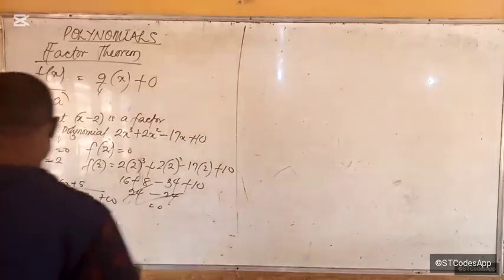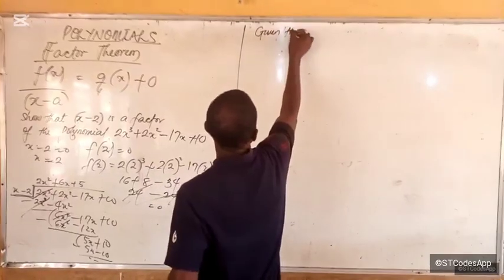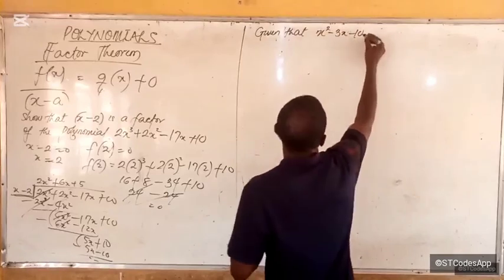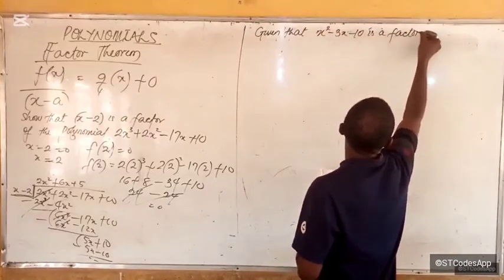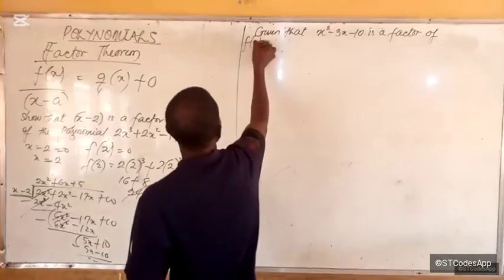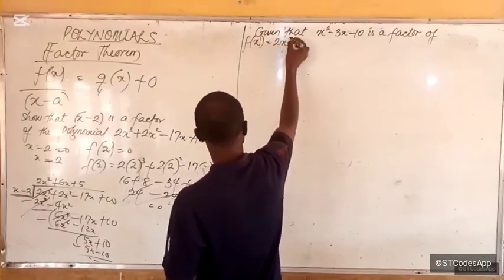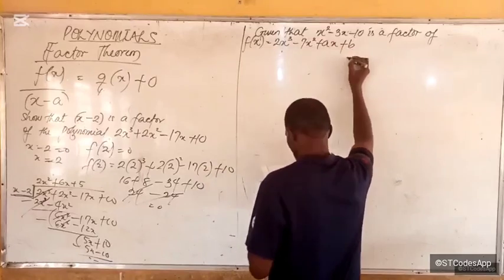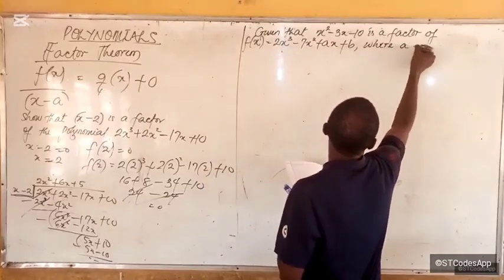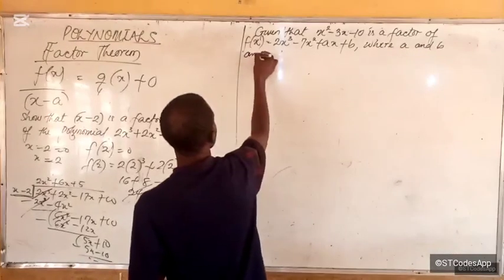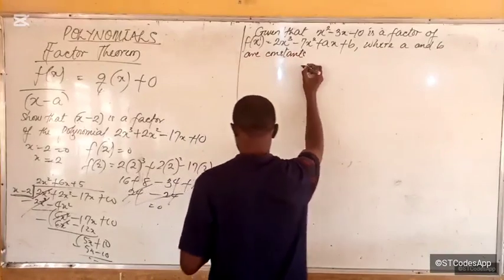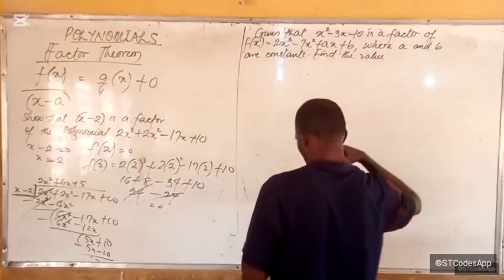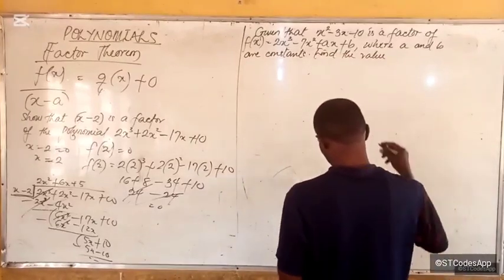It says that given that x squared minus 3x minus 10 is a factor of f of x equals 2x cubed minus 7x squared plus ax plus b, where a and b are constants. Find the values of the constants.